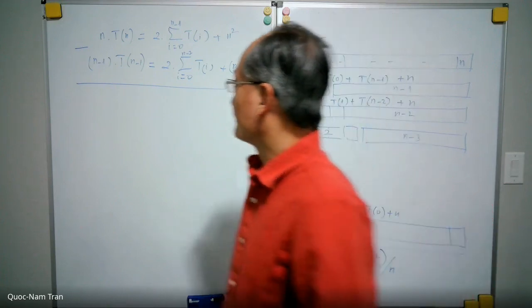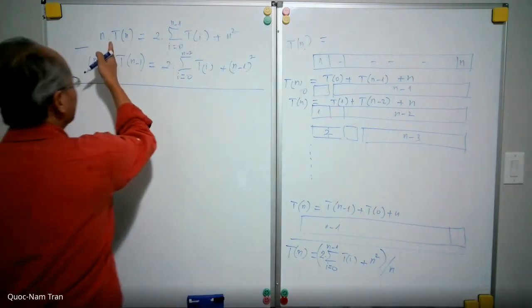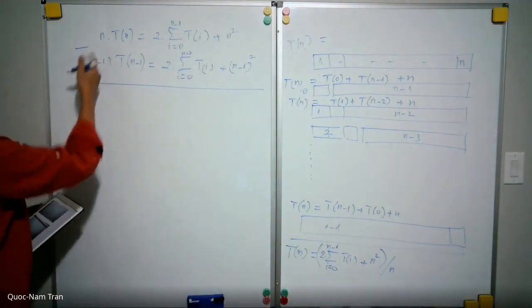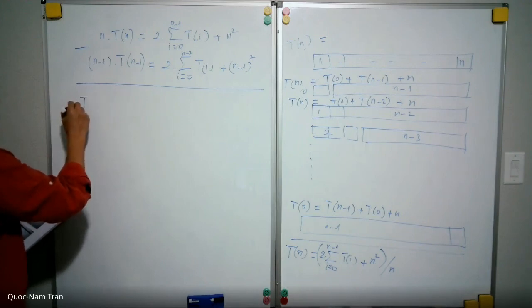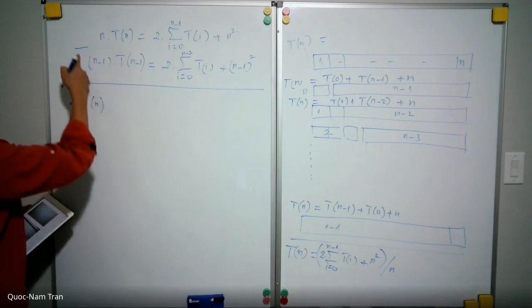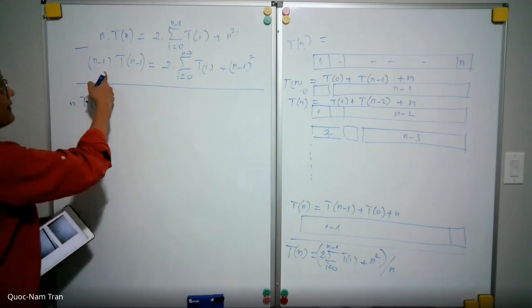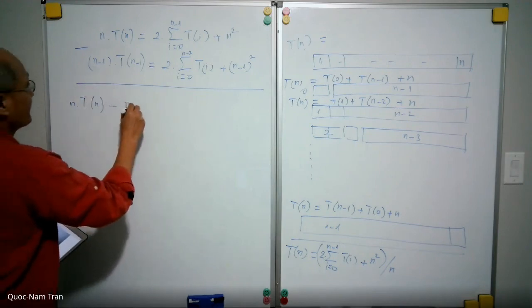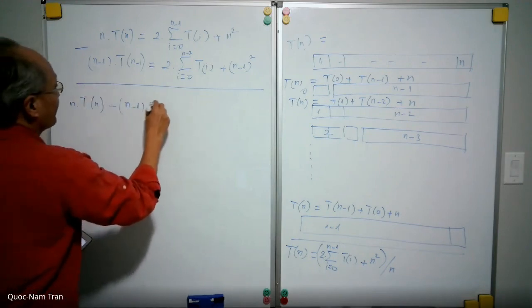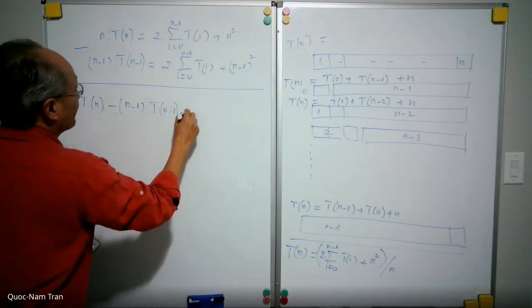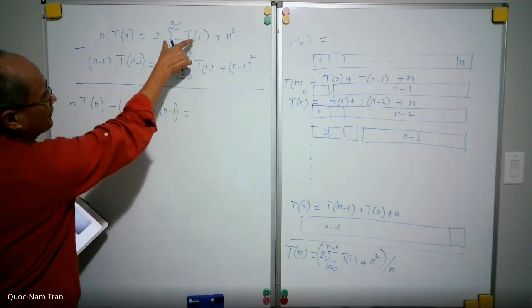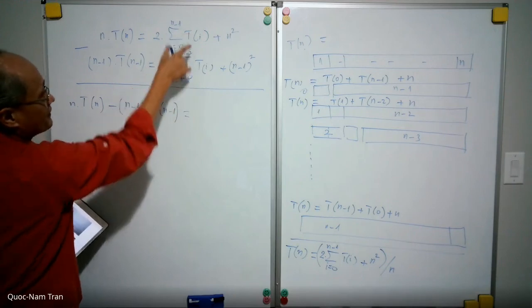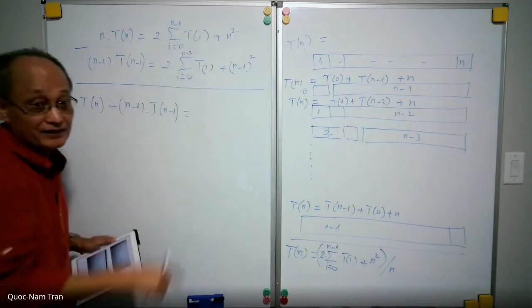Now here you have n·Tn minus this. On the right-hand side, the sum is cancelled because this sum is nothing but this sum plus Tn minus 1.